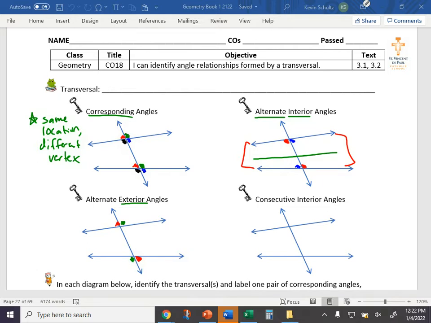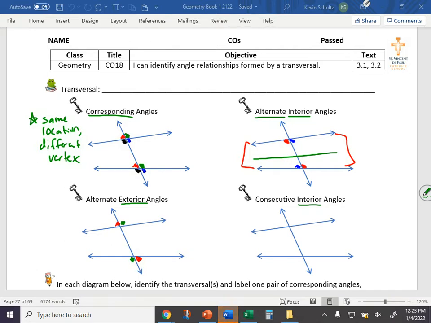Okay. So the last one is consecutive interior angles. We see that word interior again, which means inside. So we're dealing with inside the lines here. But the word consecutive means what? Consecutive. In a row. In a row, next to, right?